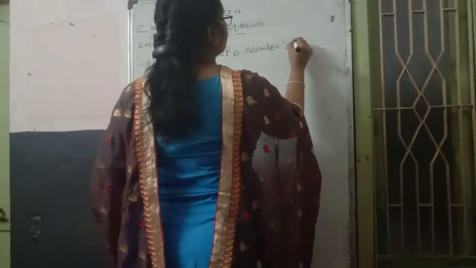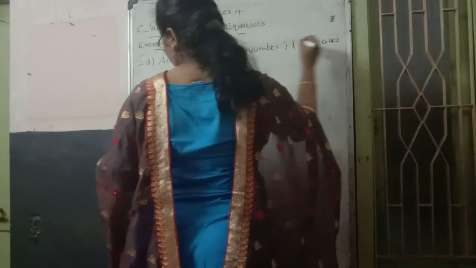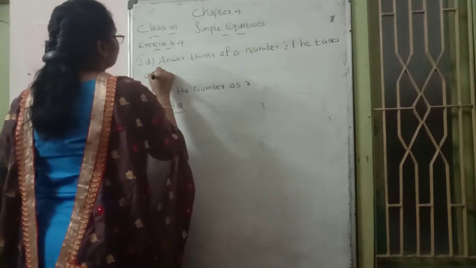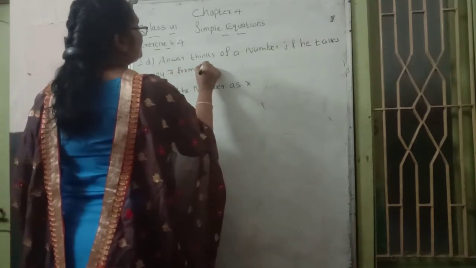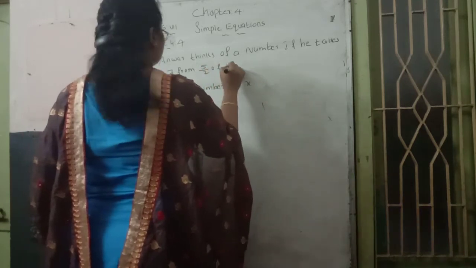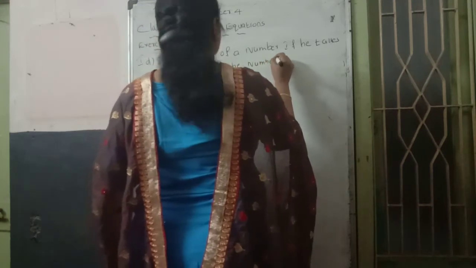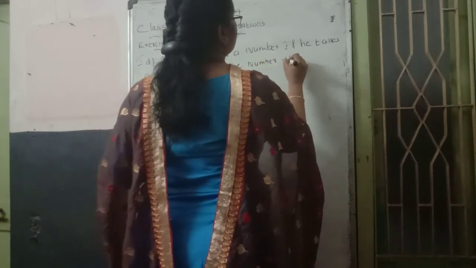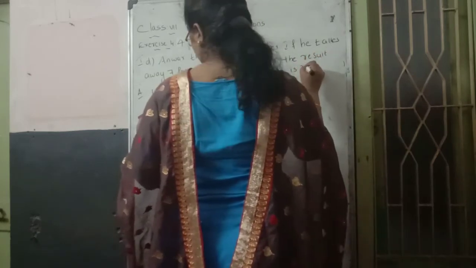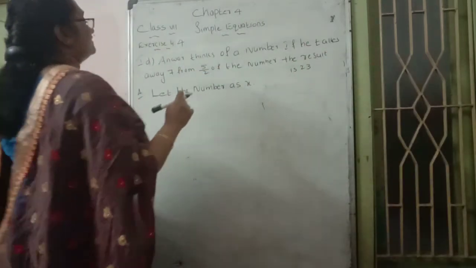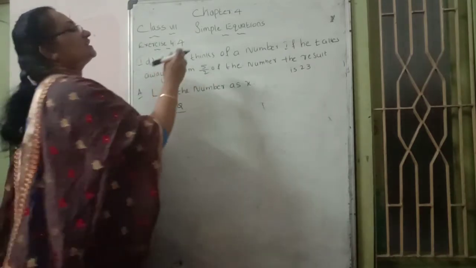If he takes away 7 from 5 by 2 of the number, the result is 23.